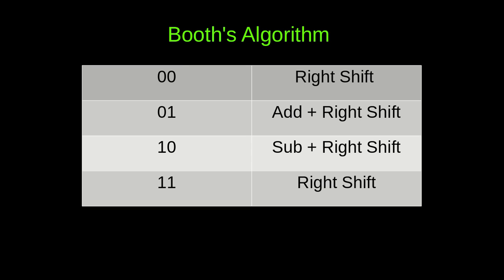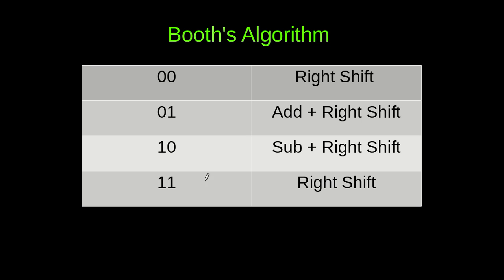If I have 0, 1, Q minus 1 is 1 and Q0 is 0, I'll add the multiplicand, which is the 7 in the previous slide, to the accumulator. We'll see how that happens. If I have 1, 0, I'll subtract the multiplicand, which is 7, from the accumulator.